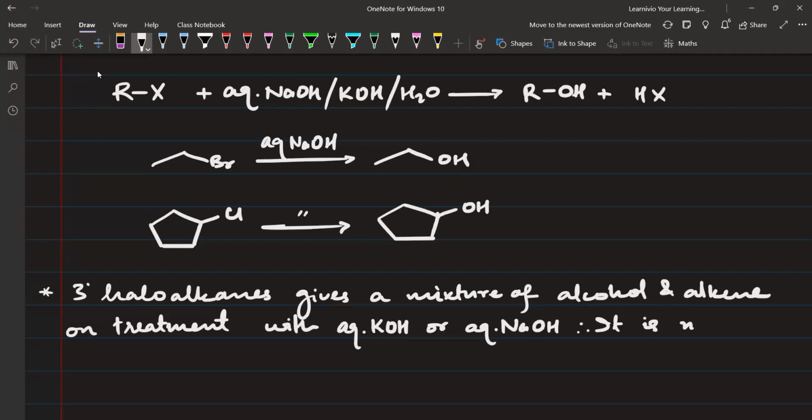Therefore, it is not a preferred method of preparation of 3-degree alcohols.